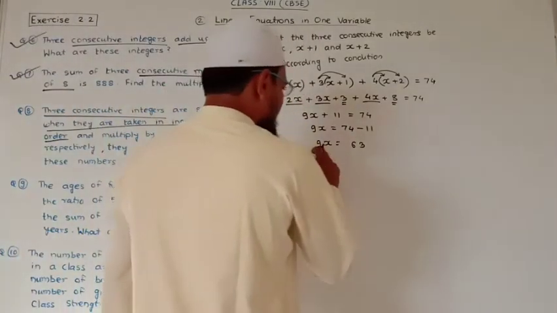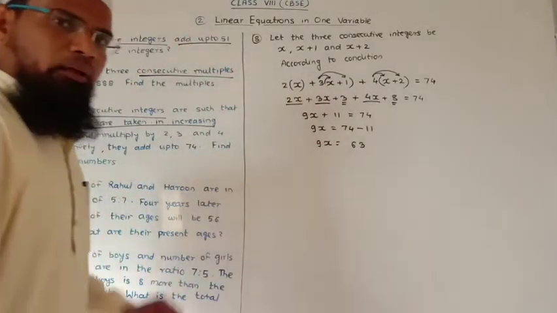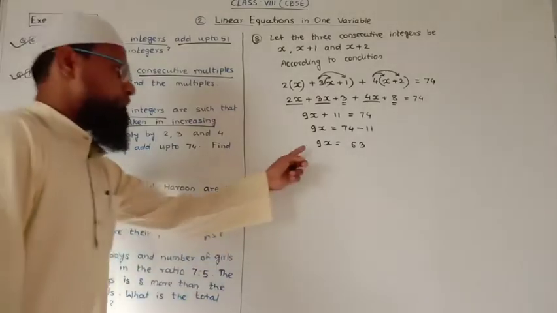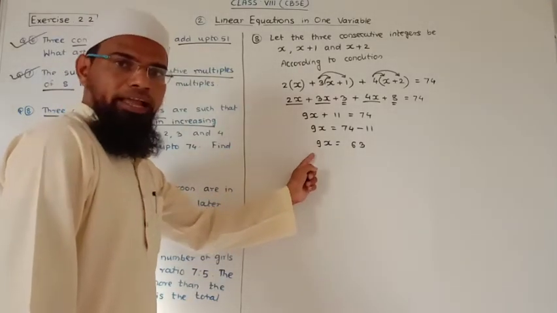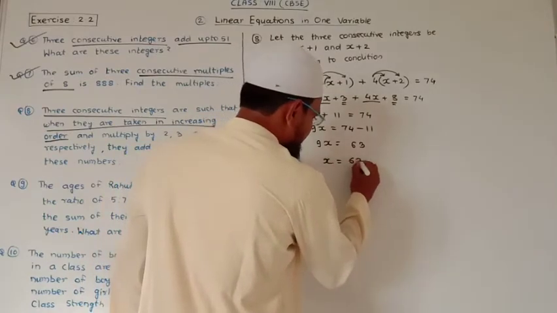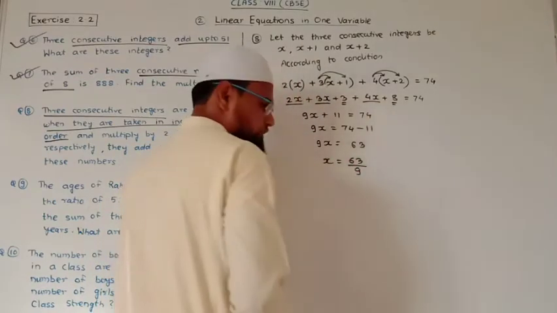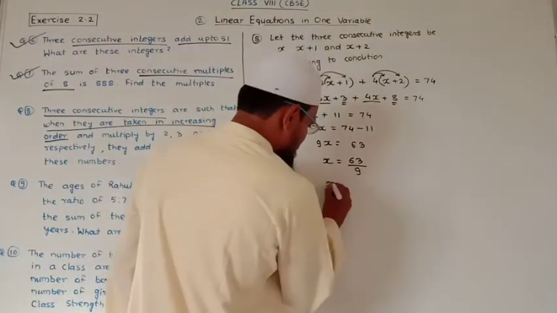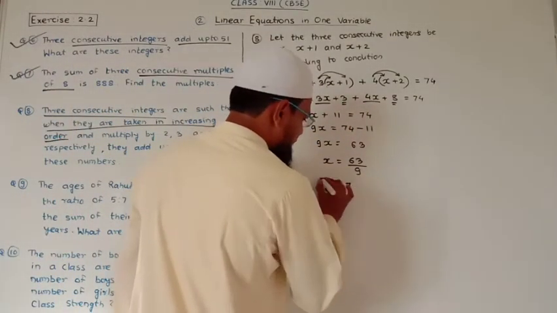After that, now here 9 is multiplying. When we transpose this multiplying, it becomes divided, and we get the value of x is equal to 63 upon 9. So we know that 9 sevens are 63. So we get the value of x is 7.